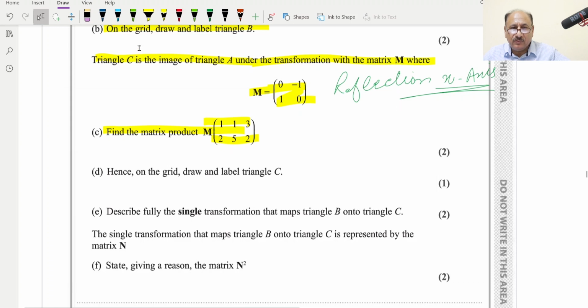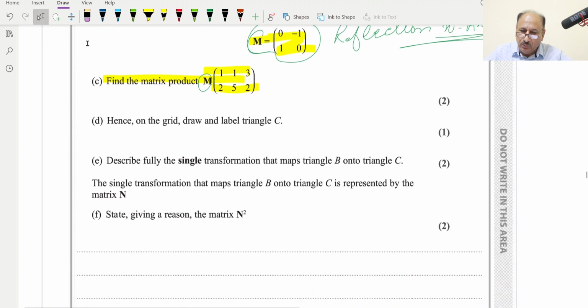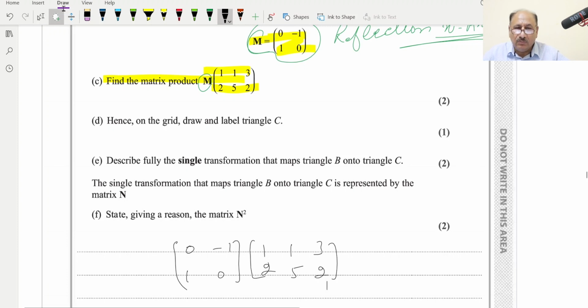For that one we can write M over here, which is this one. So we have to multiply. Basically we will write 0 1 -1 and 0, this matrix, multiplied by this one, 1 2 1 5 3 and 2.